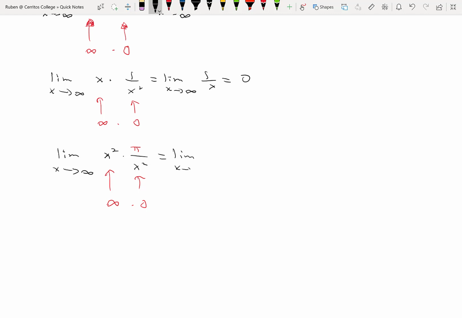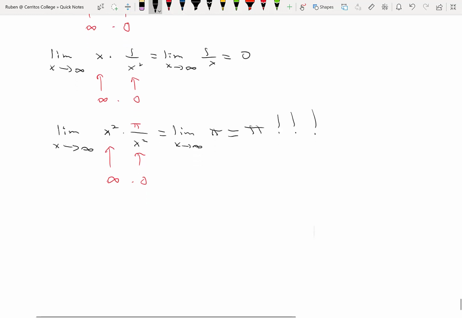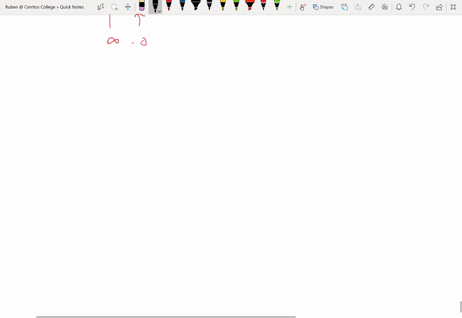What's big times small approaching? Well, what do the x squareds do? I made big times small approach pi. You can replace that little red pi in there with e, 1.7, radical 5, anything you want. So my big point here is that infinity times 0 is indeterminate.